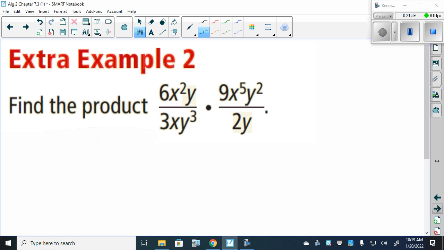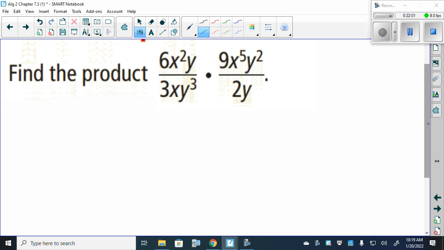Let's look at this one here. So we want to multiply these two together. The numbers that we're multiplying together on top are going to be 6 times 9.